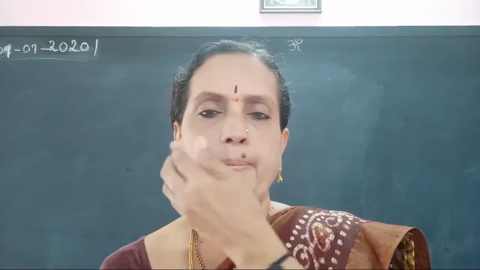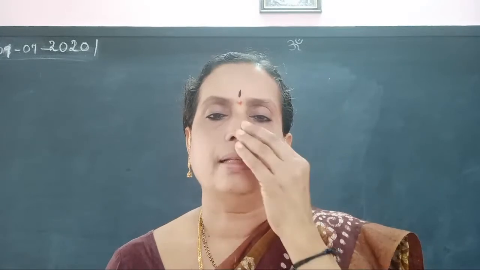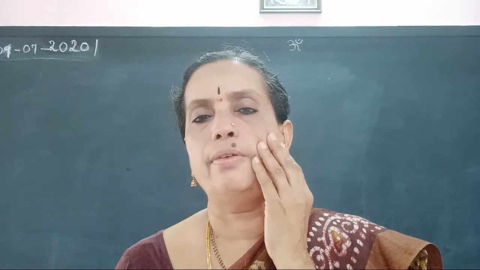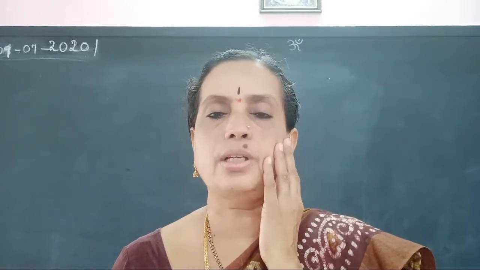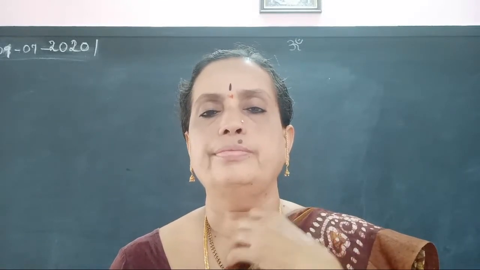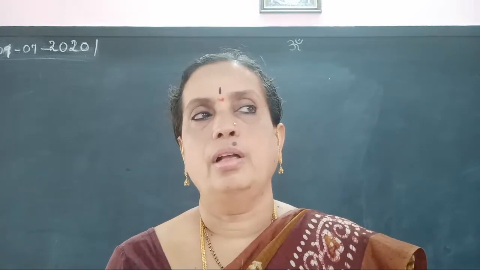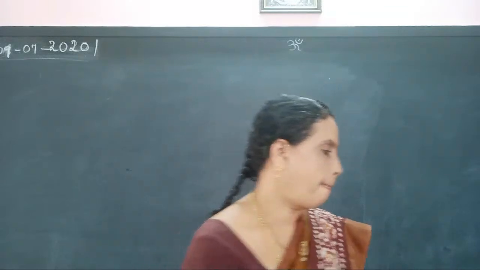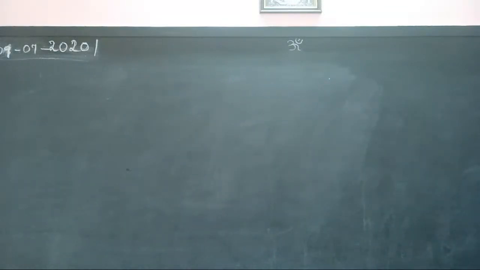Theorem. Yes, you just see the last class video, what I gave as the instruction, follow the instruction. Okay. Now write the heading theorem 6.6 and write the statement under that.